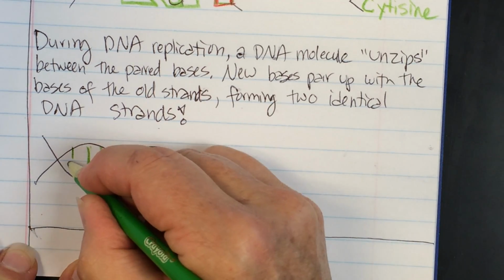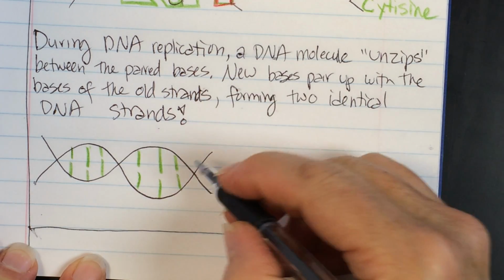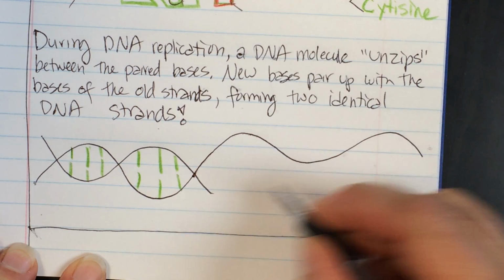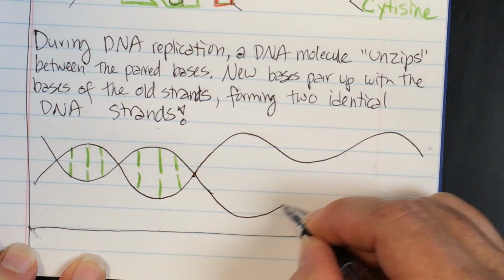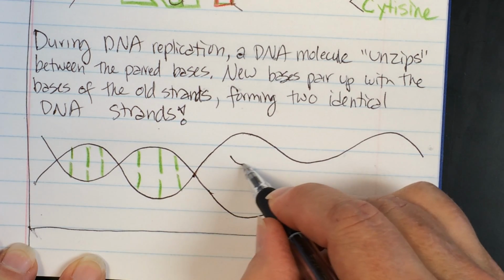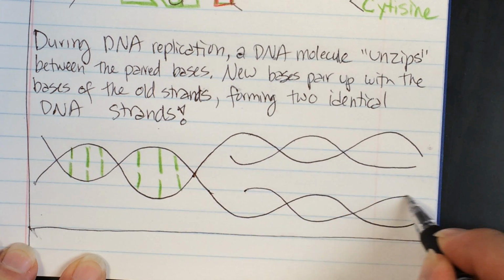And they're paired up. Now all of a sudden it unzips. So it goes and it unzips up here, and this one unzips down here. And what that allows is a new strand to form for this guy and a new strand to form for this guy.